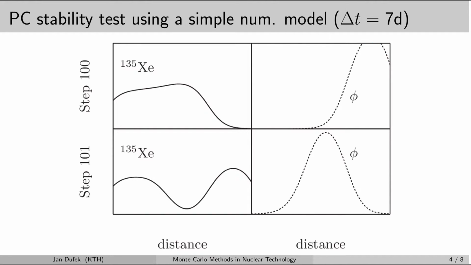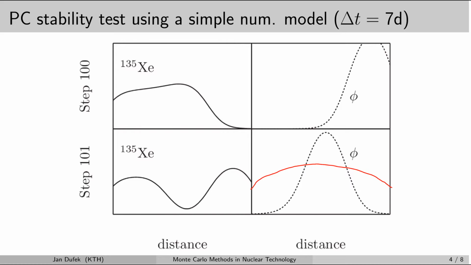In fact, the neutron flux at step number 101 does look symmetrical, however it is incorrect. The correct neutron flux should look something like this. So this doesn't look like a numerically stable simulation.